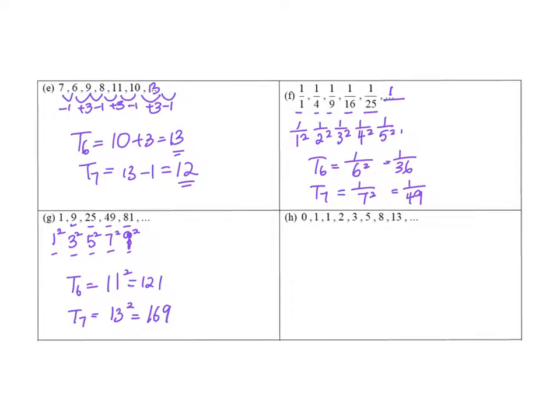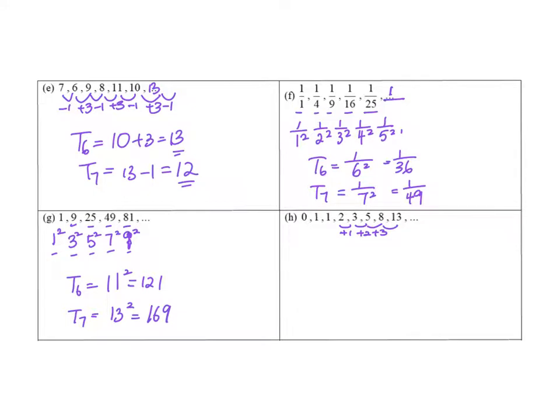Part H. H has 0, 1, 1, 2, 3. 2 to 3 is plus 1. 3 to 5 is plus 2. 5 to 8 is plus 3.